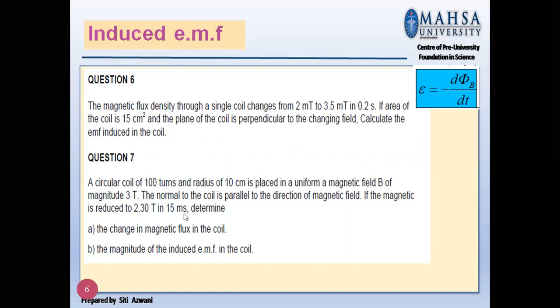You have a change in the magnetic field B, and then divide by the change in the time. So how to solve for this question? Let's do the solution for number 7.